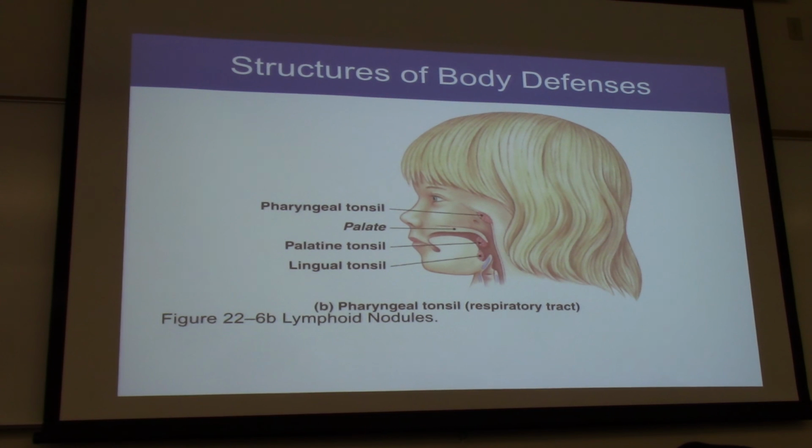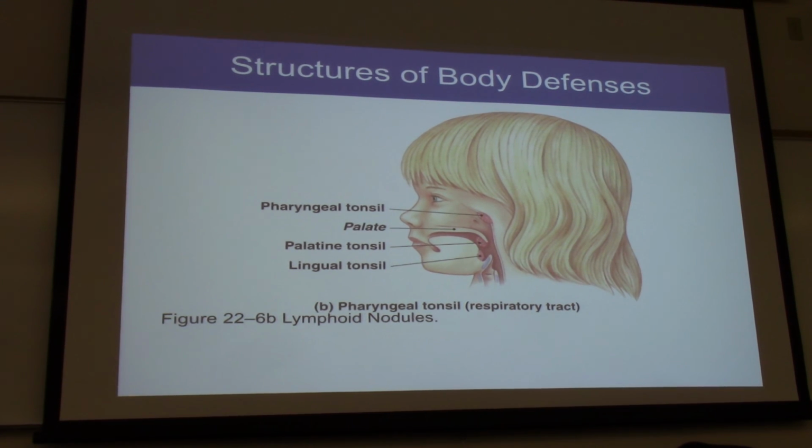The interesting anatomy point to be made from this picture, which is really a nice picture, is that when the adenoids get bigger, they block off this tube right here. And that tube is the nasopharyngeal, also called the auditory tube, also called the eustachian tube.